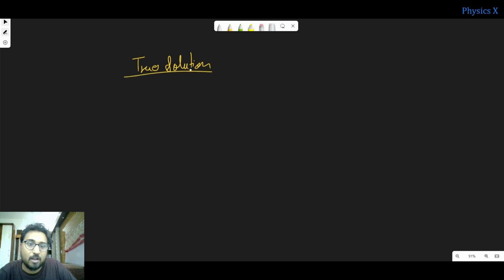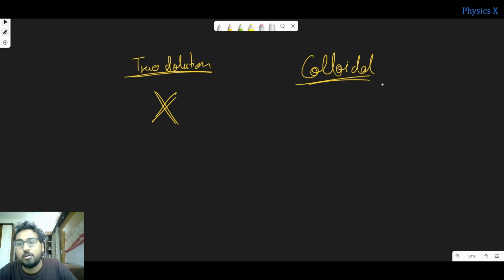Now in scattering, we have a special case. You have studied that when a beam of light is passed through a true solution, it won't be observed. But when you pass it through a colloidal solution or suspension, the ray of light will be visible.